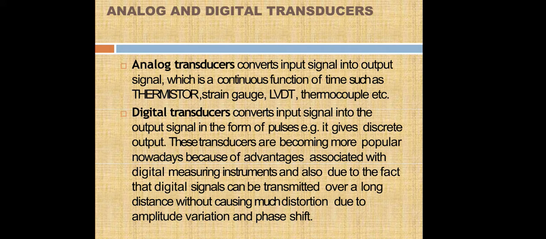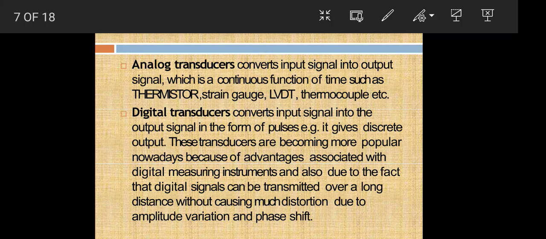Analog transducers convert the input signal to an output signal which is a continuous function of time, such as thermistor, strain gauge, LVDT (linear variable differential transformer), thermocouple, etc. Digital transducers convert the input signal into an output signal in the form of pulses. It gives a discrete output.